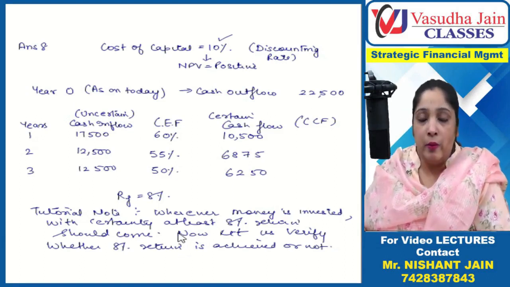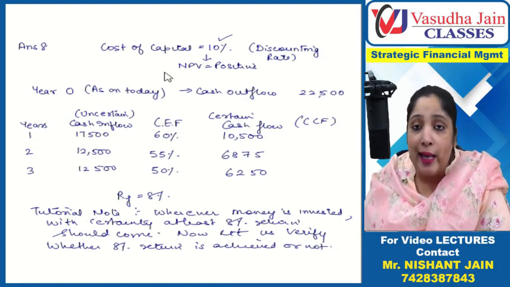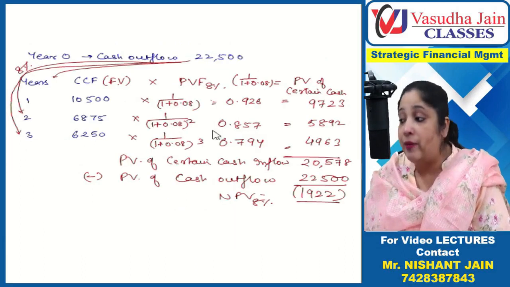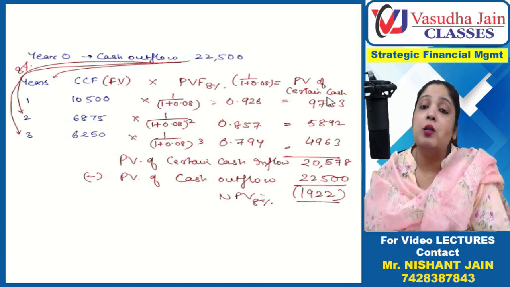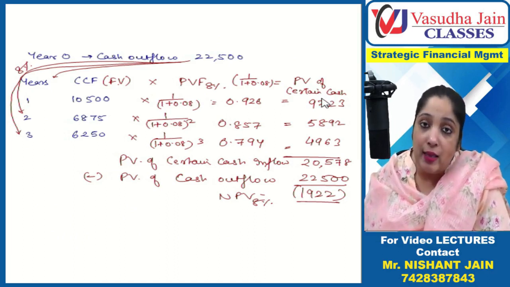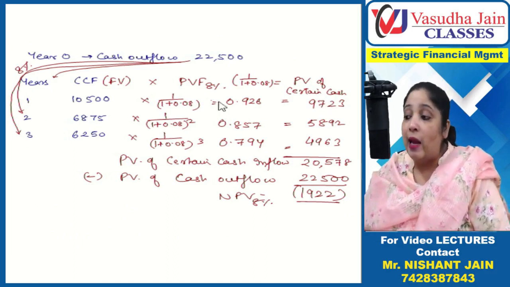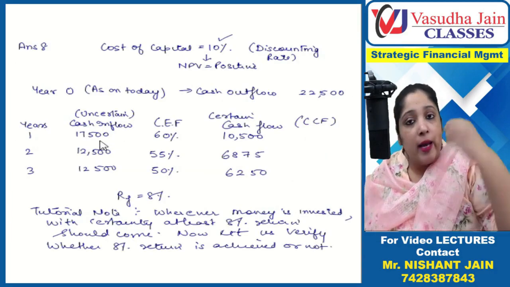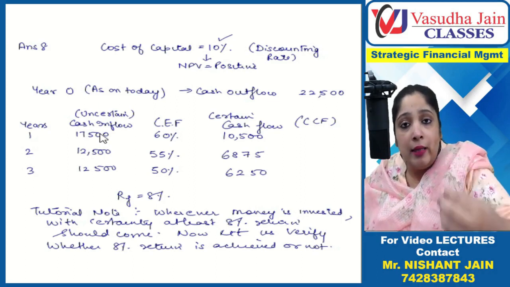But before going to the uncertainty aspect, at least on your money you should with certainty get the risk-free rate of return. This is what the certainty equivalent factor concept says: while evaluating a risky proposal, forget the risky uncertain cash flows.